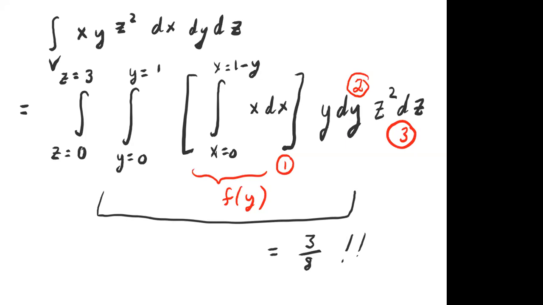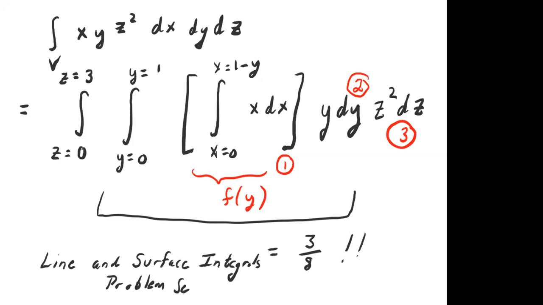Okay, so line integrals and surface integrals we have looked at. We in principle know how to do them. And there's lots of practice in doing these in problem set 3, both in Cartesian coordinates and in cylindrical polar coordinates and spherical polar coordinates.